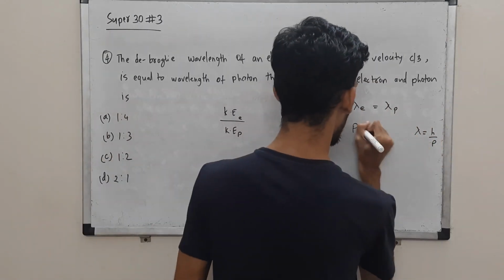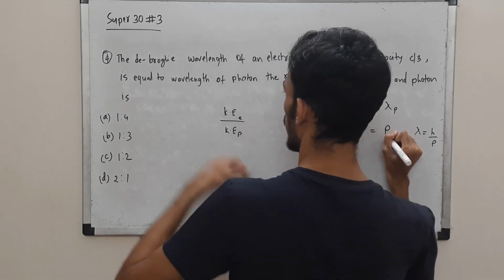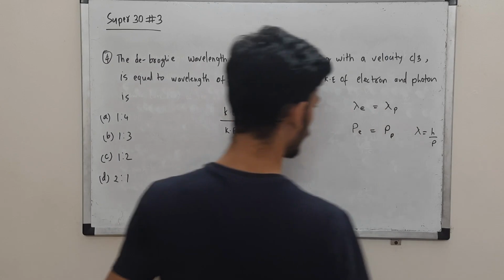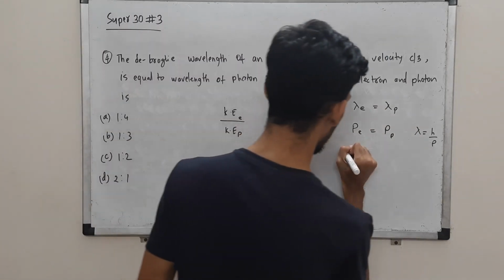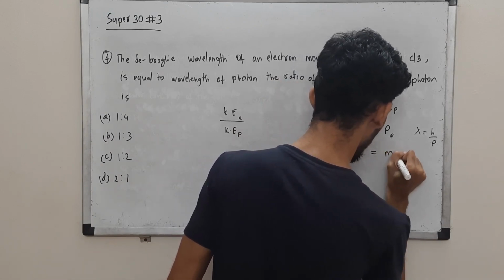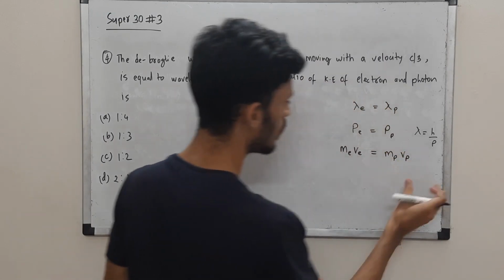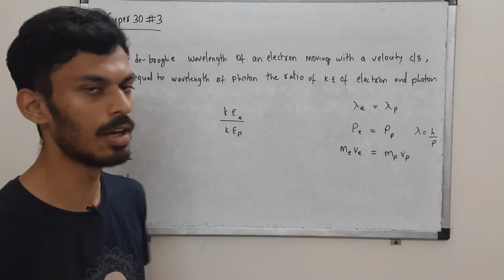So the momentum of the electron is equal to the momentum of the photon particle, or we can say that m_e v_e equals m_p v_p. These two momenta are equal: mass into velocity for electron and for photon.